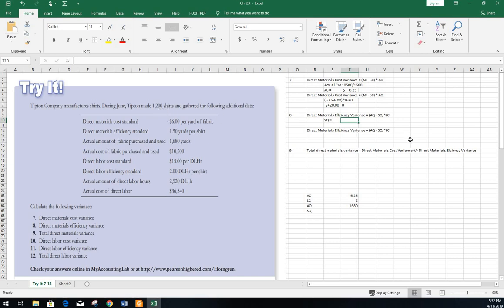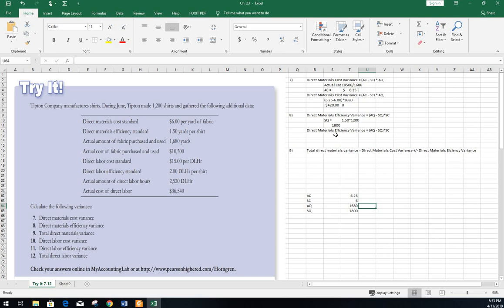So let's do that. 1.50 times 1,200 equals 1,800. So our SQ is 1,800. Let's write that in. Now we have all of our values. We can solve the entire problem with no problem.